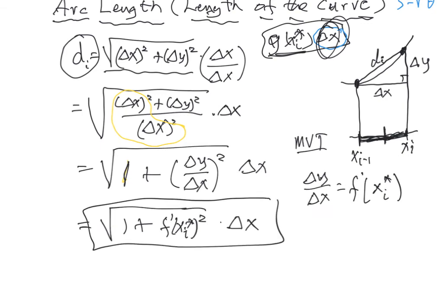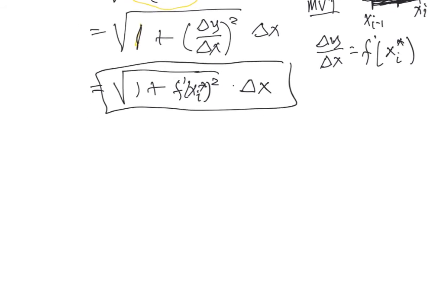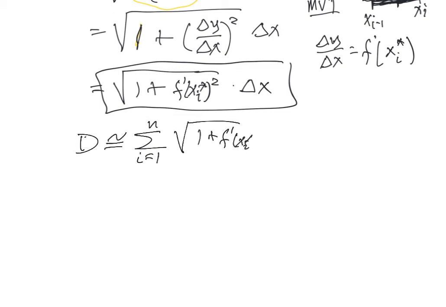That looks like the term of a Riemann sum. So then, most of the hard work is done. The total distance is going to be approximated by, if I sum those over all subintervals, there are n of them, the square root of 1 plus f prime of xi star squared, delta x. This is a Riemann sum.